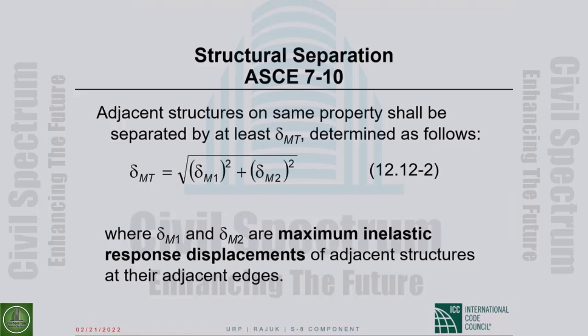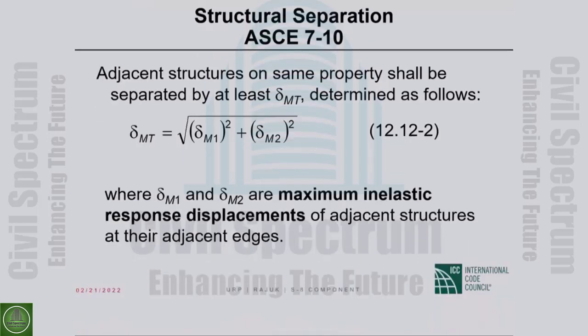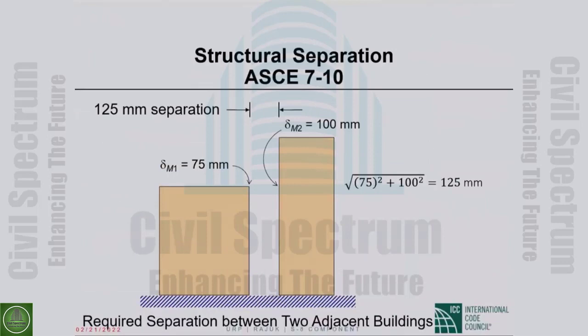I'll define that in a second, of adjacent structures at their adjacent edges. These are not deflections at the centers of mass. Okay. Now, let's take an example.